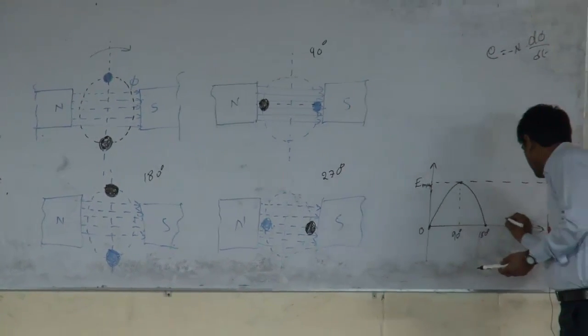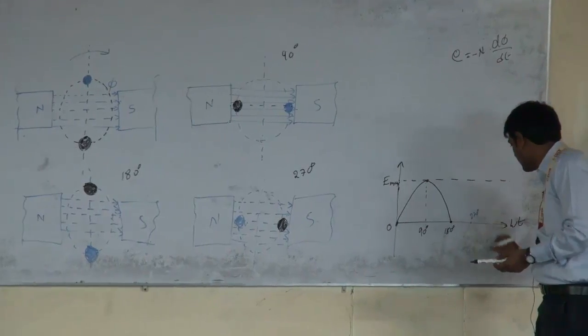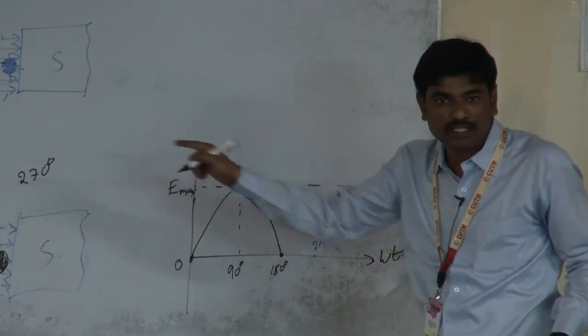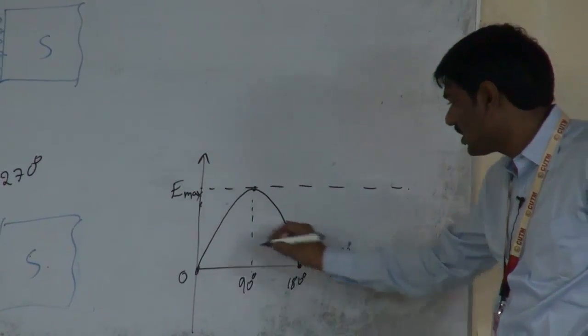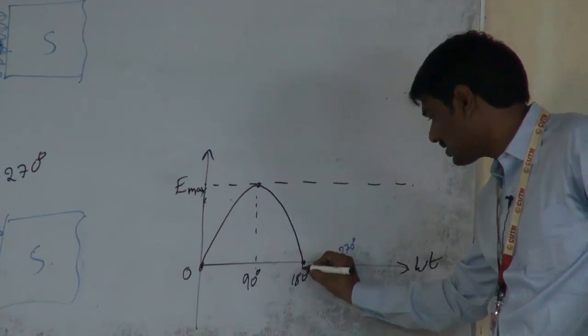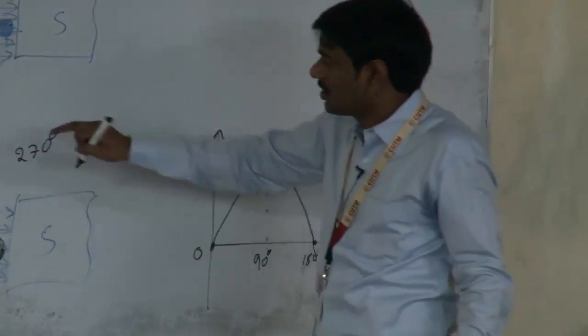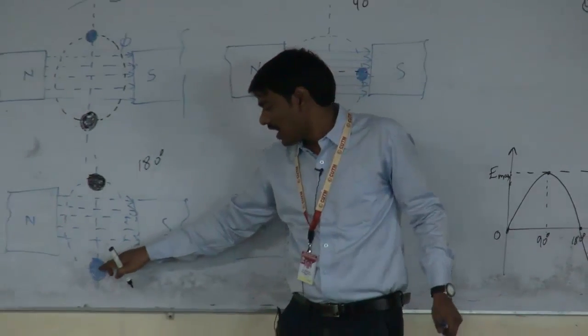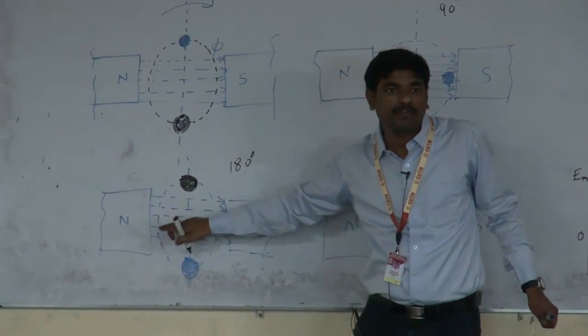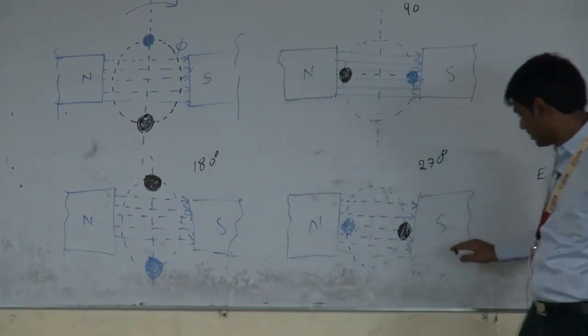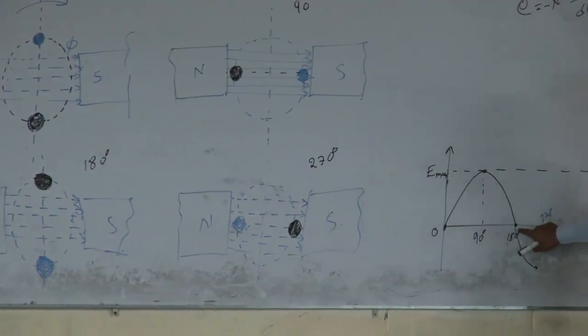Here, let me take a point at 270 degrees. As the direction of motion changes, the direction of induced EMF also changes. So this is positive direction and this is negative direction. As I told you, at this point the effect of magnetic flux on the conductor is 0, so the induced EMF in the conductor is 0.